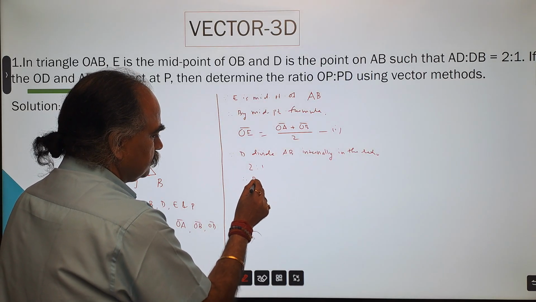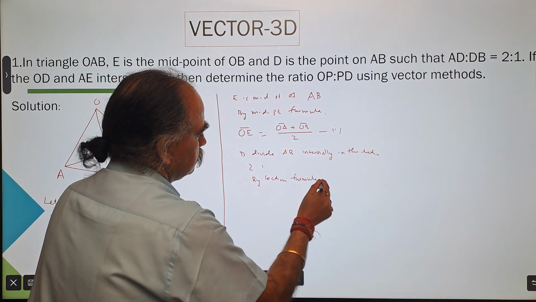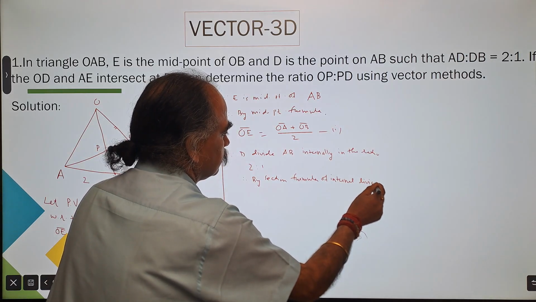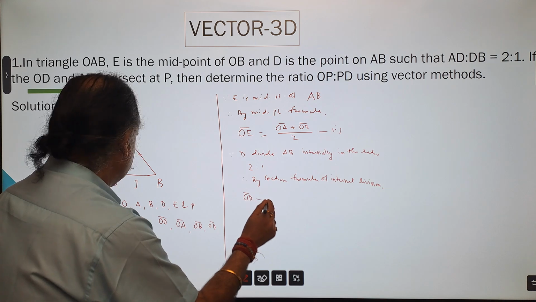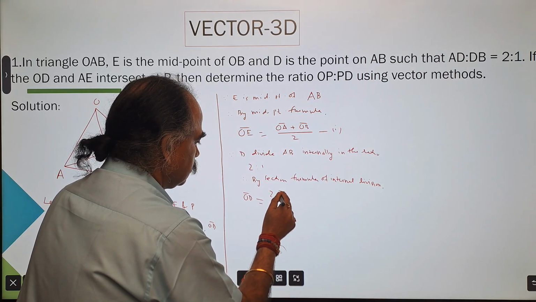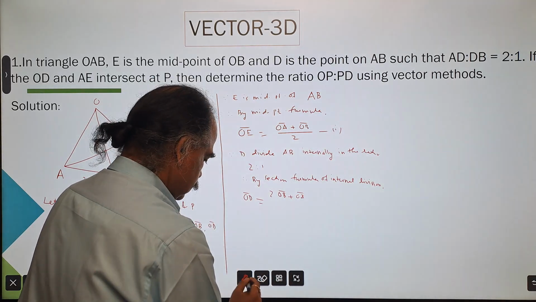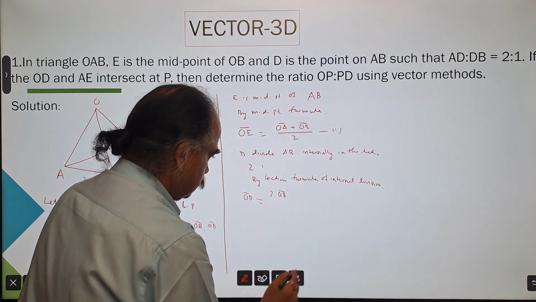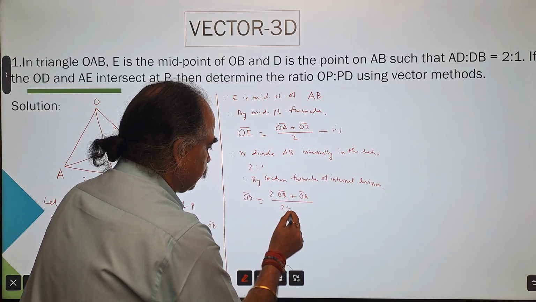Therefore, by the section formula of internal division, OD bar is 2 times OB bar plus OA bar upon 2 plus 1.